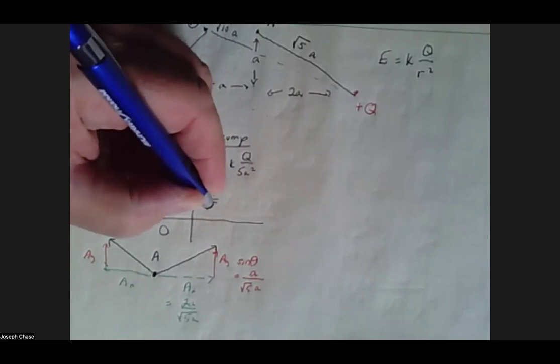So they cancel, so that's 0. And then this is also positive, so positive 1 over root 5 kq over 5a squared. Okay, so then this is 2 over root 5 times kq over 5a squared. Yeah, and that's actually our answer for this first one.